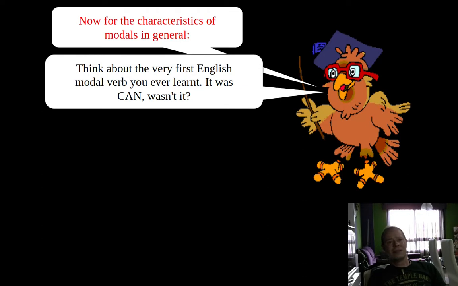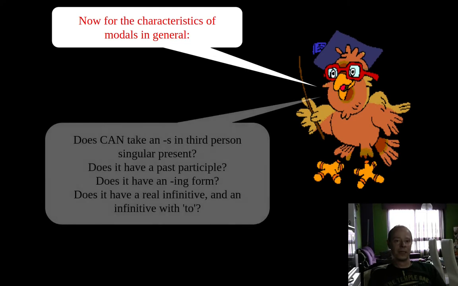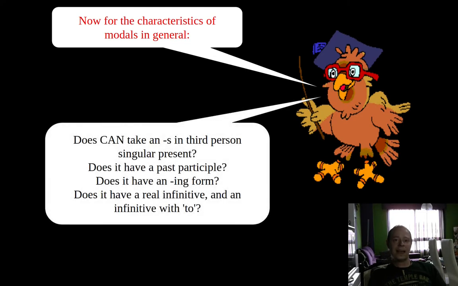To do so, it's kind of helpful to think about the very first modal verb in English that you ever learned. It was can, wasn't it? Now, make yourself a couple questions. Does can take an S in third person singular present? Does it have a past participle, an ing form? Does it have a real infinitive, and an infinitive with to?